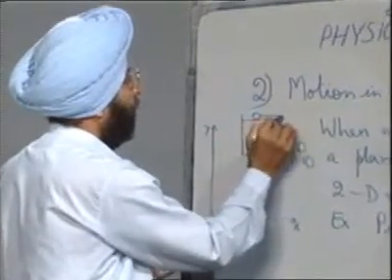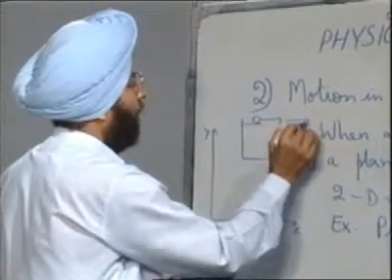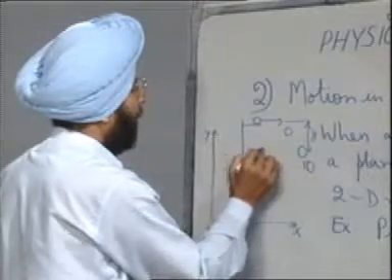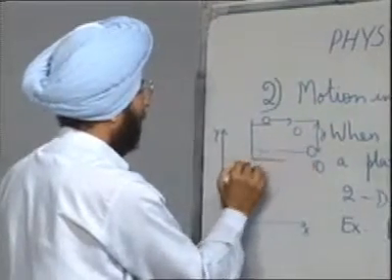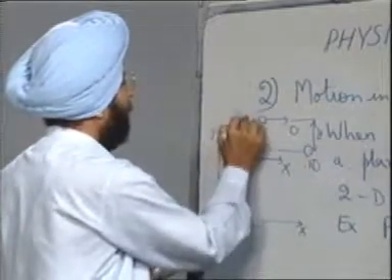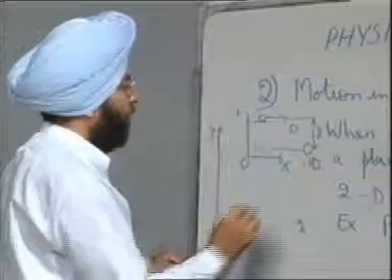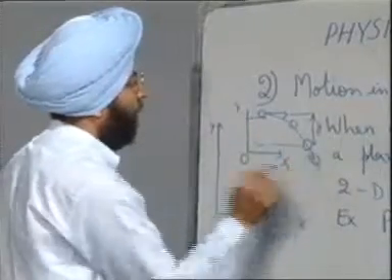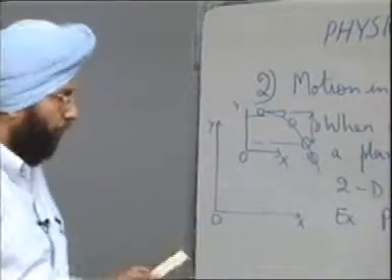So, we need the x coordinate and the y coordinate. This is the origin, and the x axis and y axis. So, we need two coordinates. This kind of motion is also a two-dimensional motion.